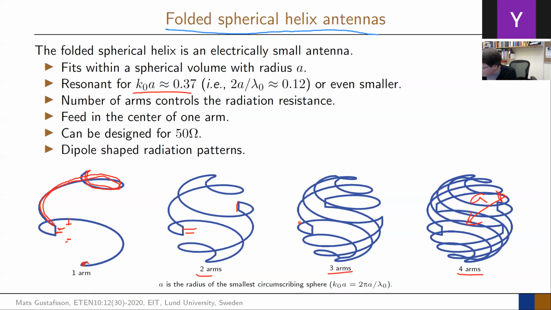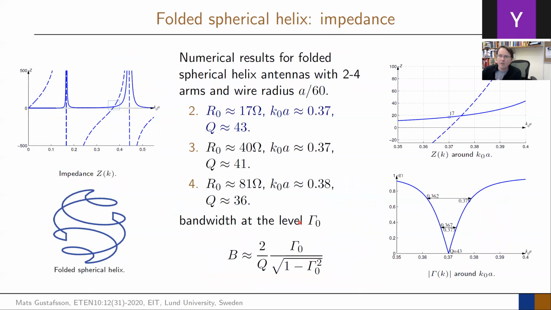And if we look and see what this antenna is and how it behaves, we can take one example here. So this is the one with 2 arms that sits there. If we look at the input impedance here, it's inductive down here because it's short-circuited. It has some anti-resonance, and then here it has the real resonance. So that is the part that we are interested in, and that picture here is also shown there.